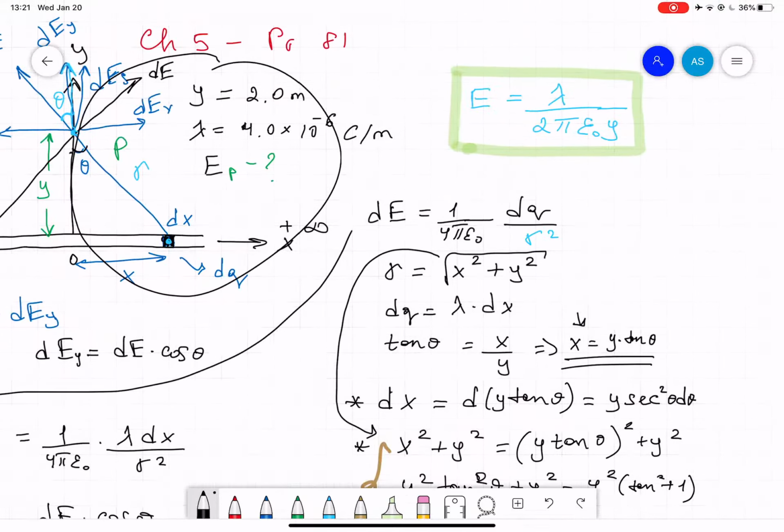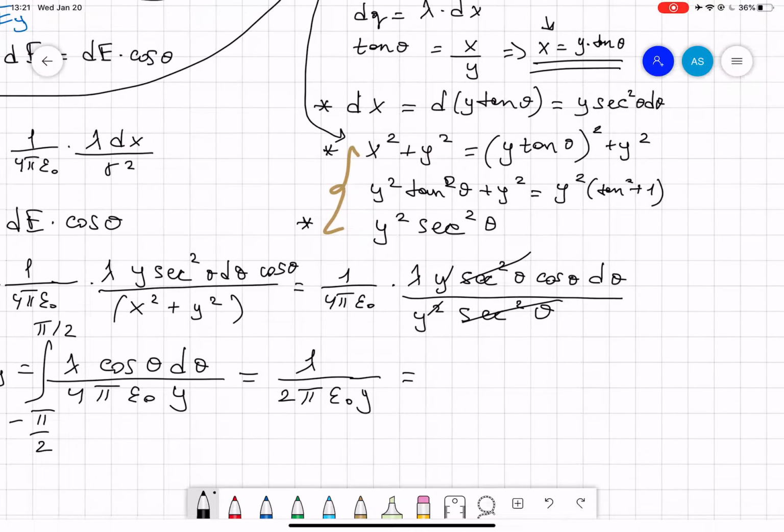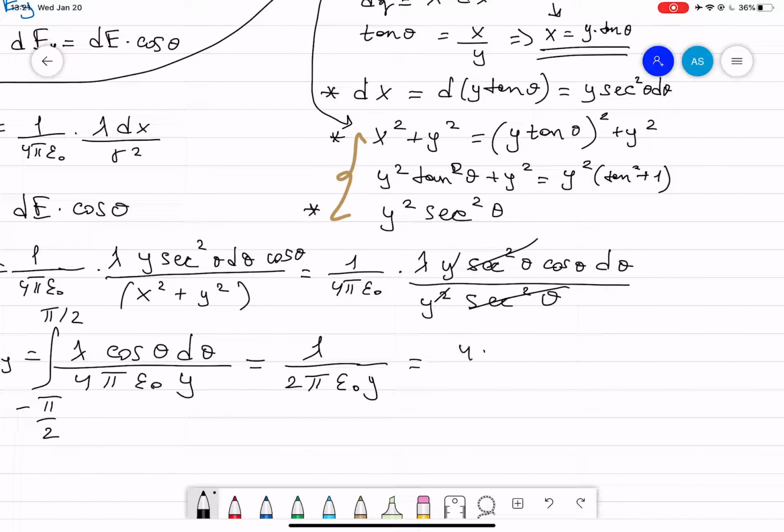Our lambda was 4 times 10 to the power of minus 6, right? So 4 times 10 to the power of minus 6 divided by 2 pi times 8.85 times 10 to the power of minus 12, I think, or 8, I really forget. Then y was 2 meters, I think.